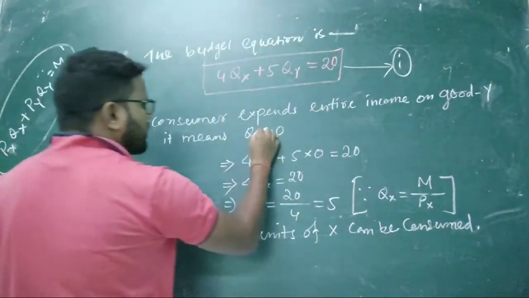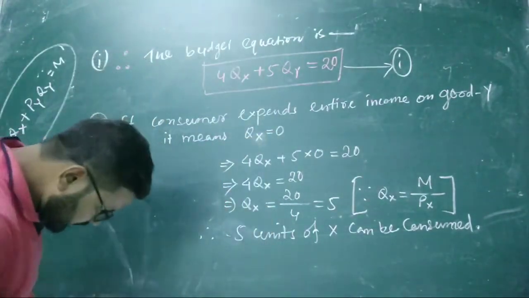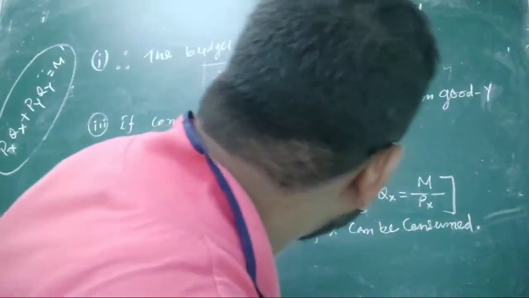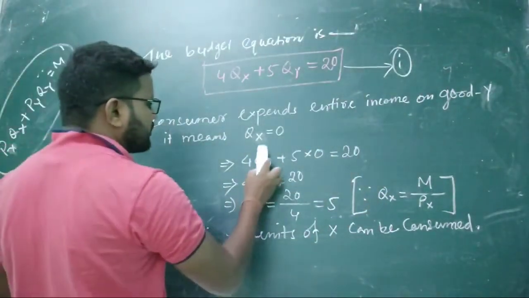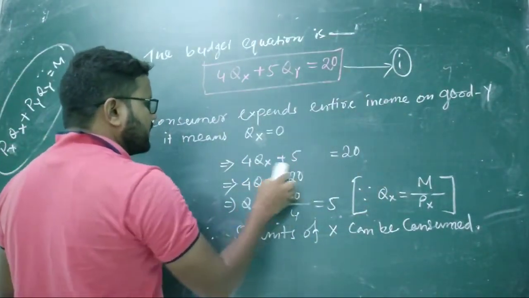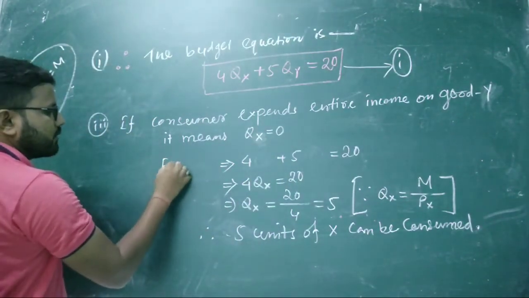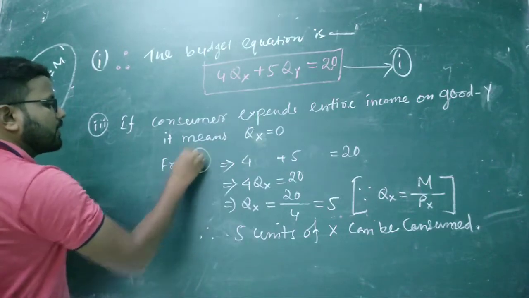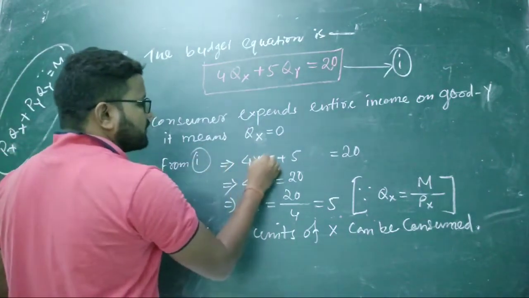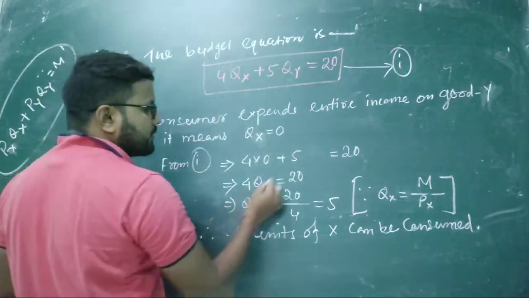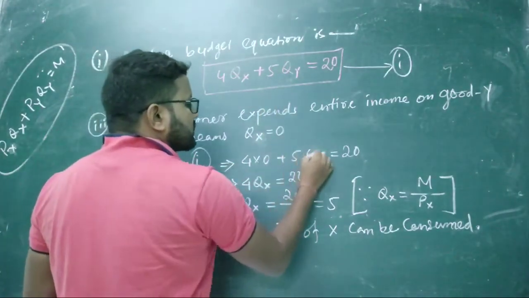The quantity of X will become what? 0. QX will become 0. So QX will become 0 means, from equation 1, it implies 4 into 0, that means 4 into QX equal to 0, plus 5 into QY, so it will remain the same.